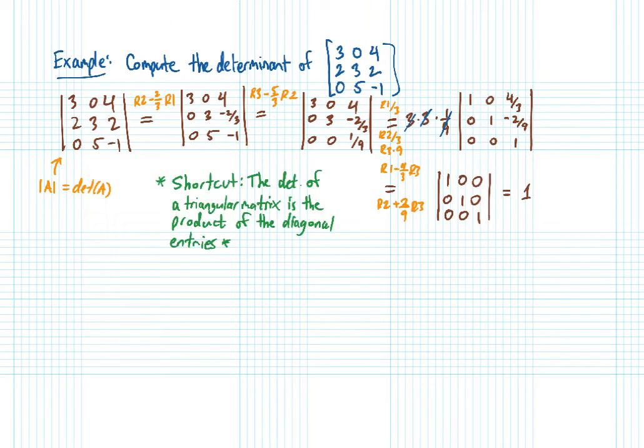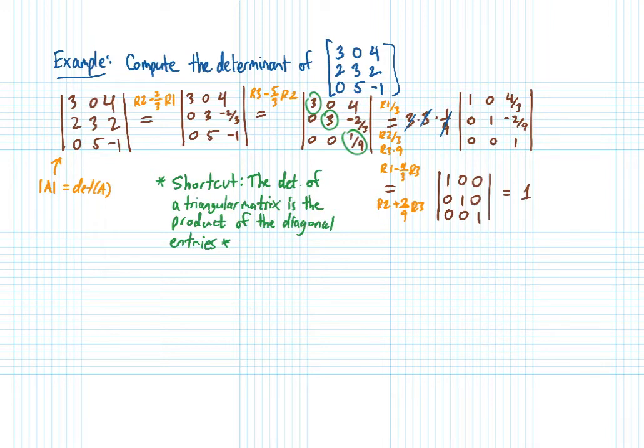One thing I'll point out is that there's a little shortcut we could have used here. In the middle step of this calculation, we had a matrix that was upper triangular, in the sense that all of the entries below the diagonal were 0. There's a fact that the determinant of a triangular matrix is just the product of the diagonal entries. So in this case, it would be 3 times 3 times 1/9, which is equal to 1.